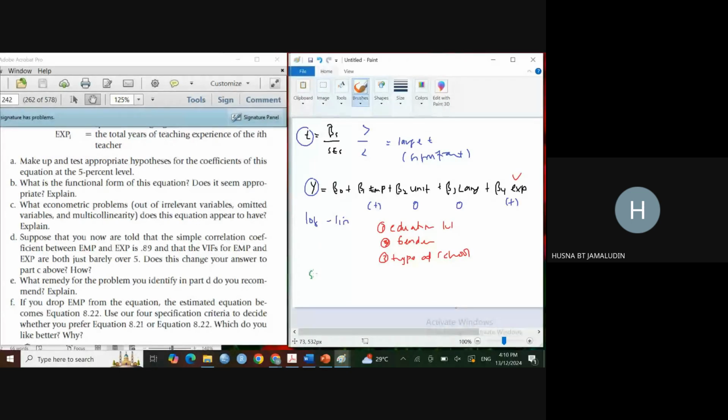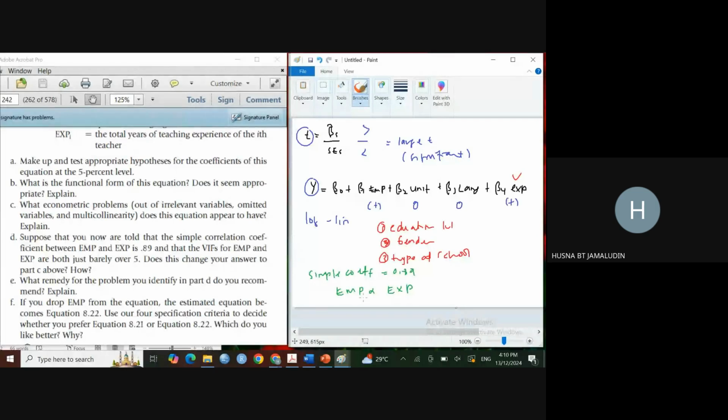If the simple coefficient is equal to 0.89, it means that EMP can explain 89% of the change in experience, or experience can explain 89% of the change in EMP. What does it mean?